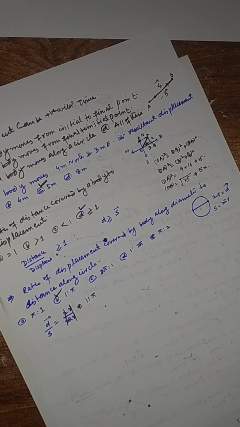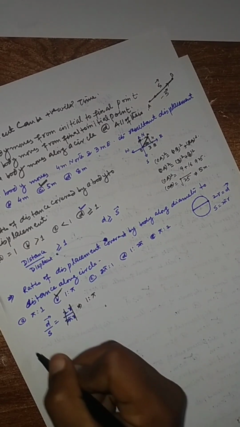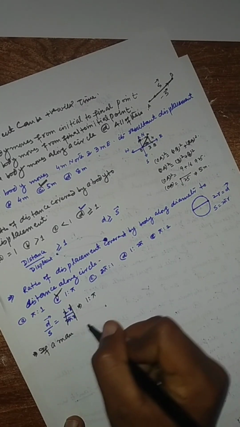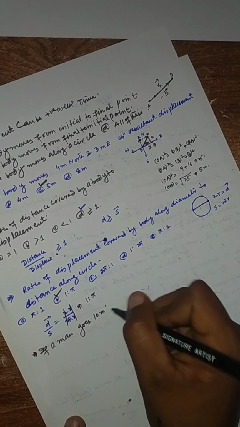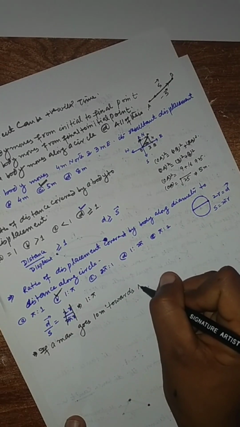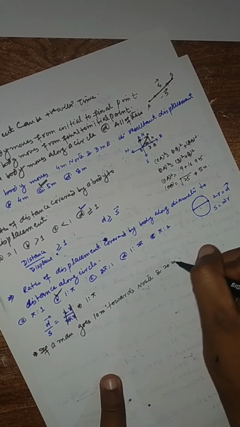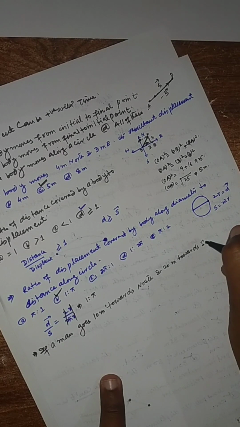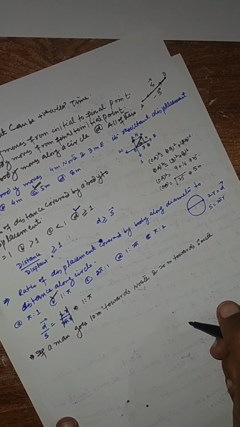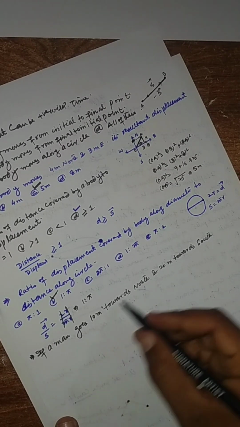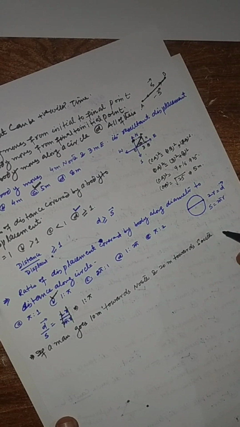Okay, if we take another one: if a man goes 10 meters towards north and 20 meters towards south, its net displacement will be?